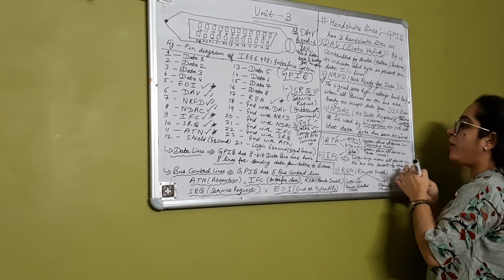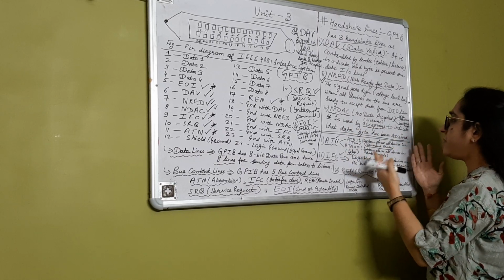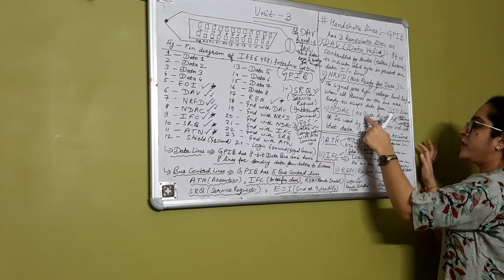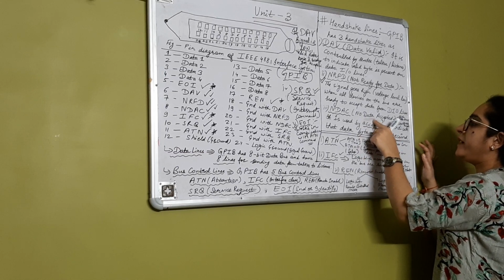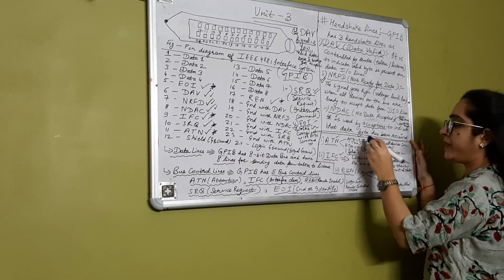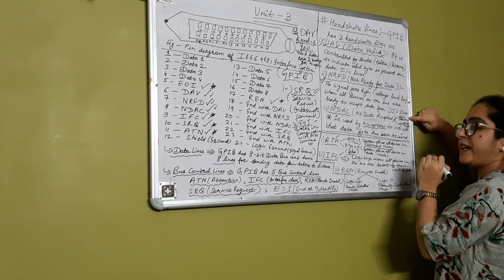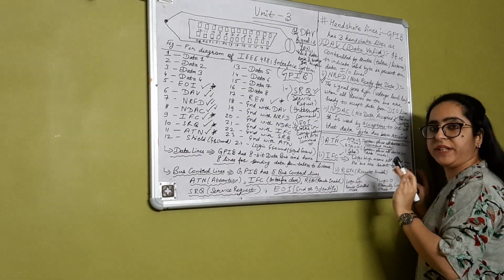So it is used by the acceptors or listeners to indicate that the data byte has been received. So NDAC, when high, then data has been accepted. When low, that means no data is accepted yet.